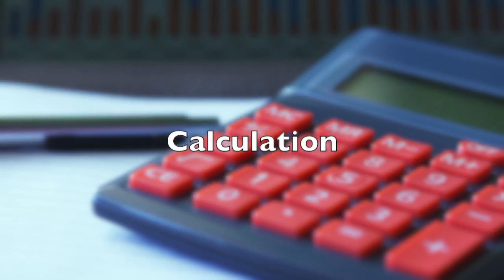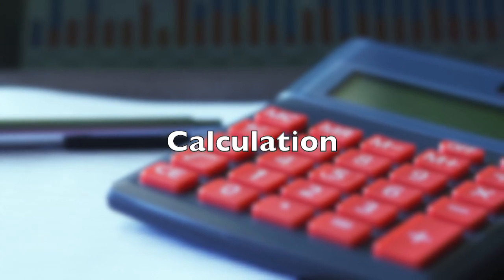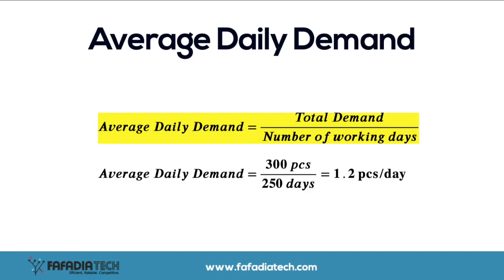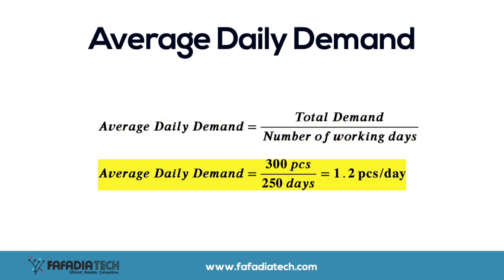In order to set auto reorder, you will need to perform certain calculations. First, you need to know your average daily demand. Average daily demand is calculated by dividing the total demand by number of working days. If your annual demand is 300 pieces and number of working days in a year is 250 days, then your average daily demand is 1.2 pieces per day.